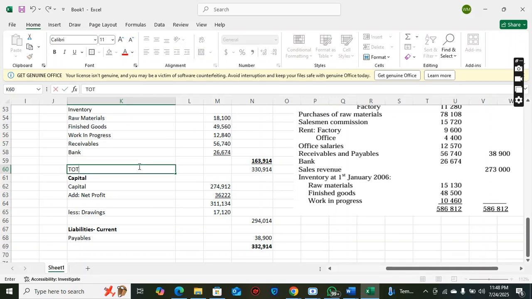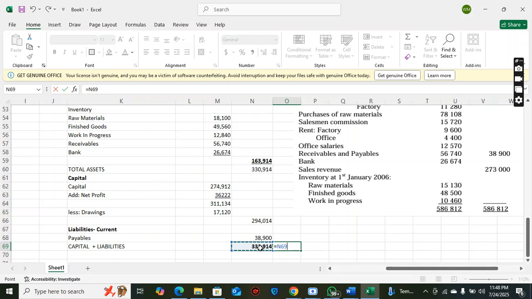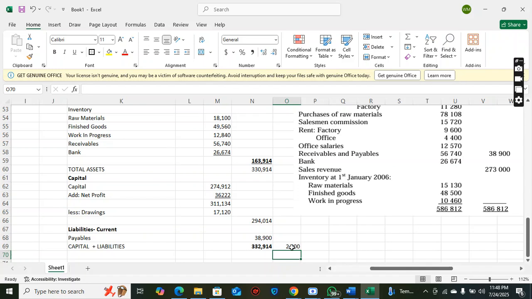No, this total assets must equal total liabilities and capital. There's a 2000 kwacha discrepancy.